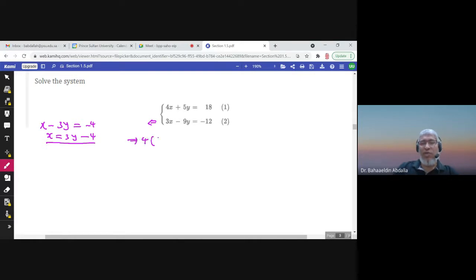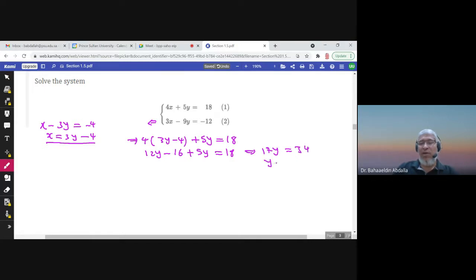So we will have 4 times 3y minus 4 plus 5y equals 18. And now we can solve this equation and find the value of y. 12y minus 16. And now we have 12 plus 5, 17y, and 18 plus 16 is 34.